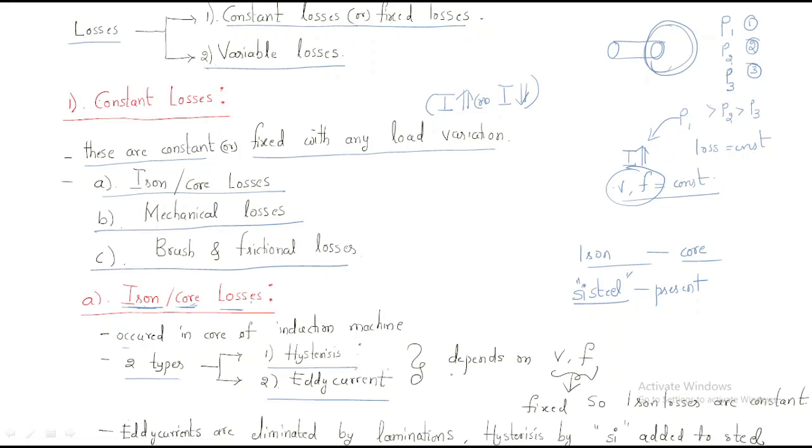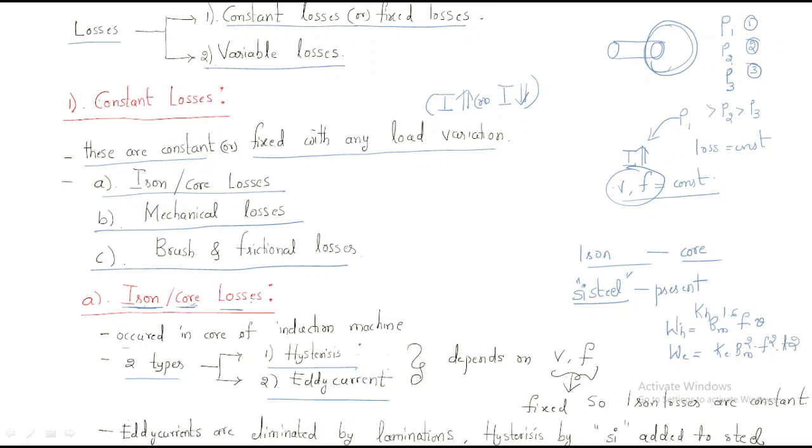So generally we have the formula for hysteresis loss. Hysteresis loss is Kh Bm^1.6 F V, and eddy current loss is Ke Bm^2 F^2 T^2.